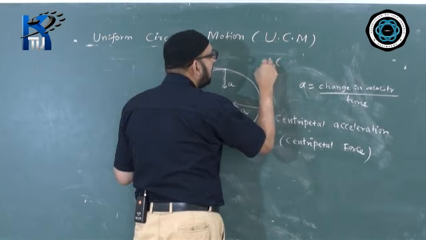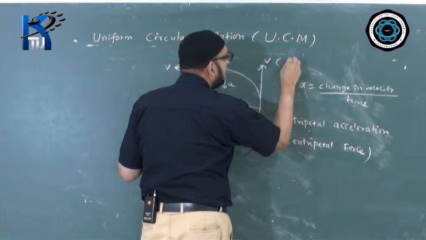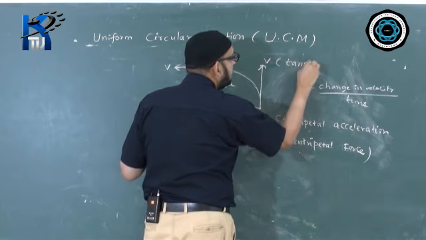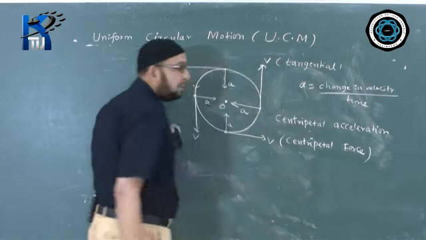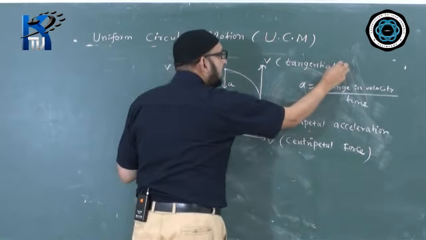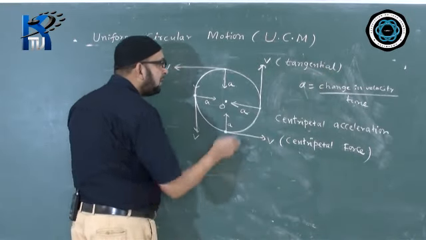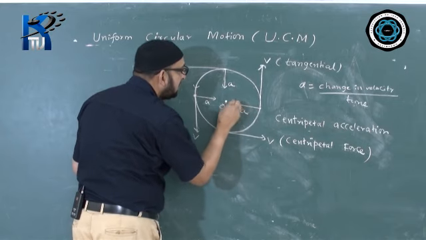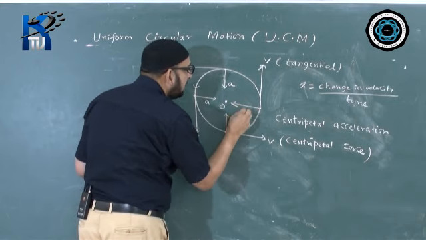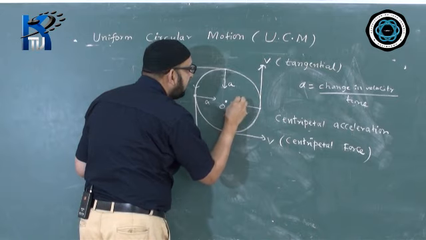We can use the word along the tangent, or we can use the term tangential. Tangential means along the tangent, tangent wise. The velocity is tangential, but the acceleration is towards the center along the radius. This direction is known as radial.